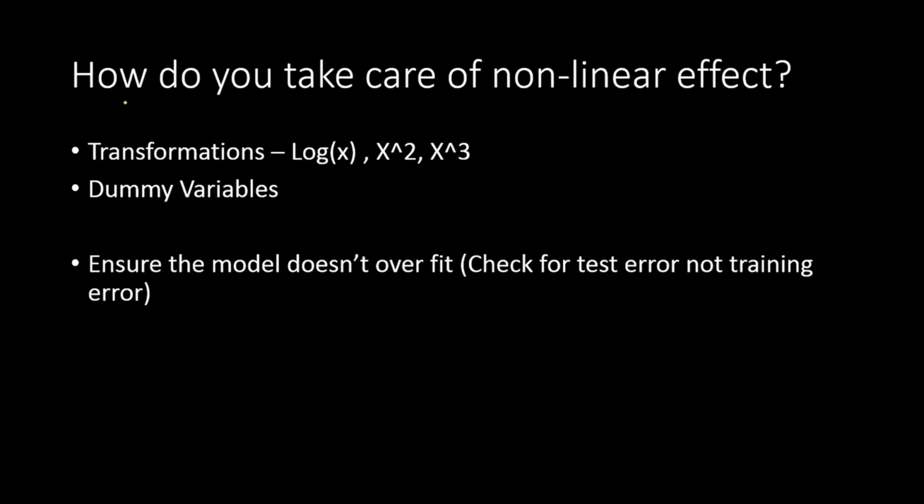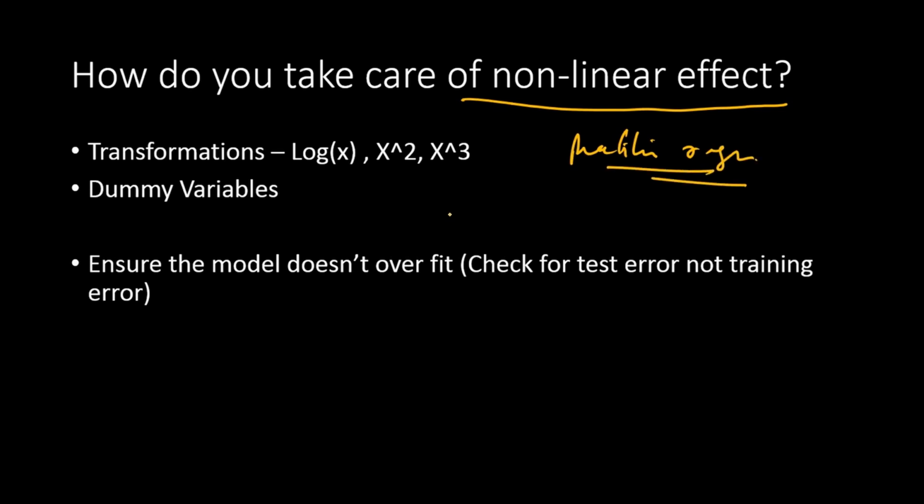Another question that is often asked is how to take care of the nonlinear effect in logistic regression. The nonlinear effect in logistic regression is taken care of pretty much the same way you do with multiple regression. You do a transformation of your independent variables, and that will capture a lot of nonlinearity in your data.